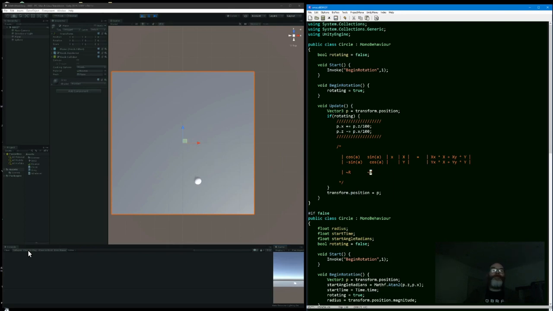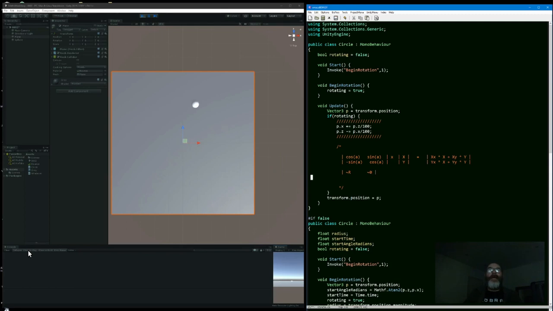Depends which way you look at it. And then the second one here is approximately 0 and approximately R. Now, I may have got the signs wrong.